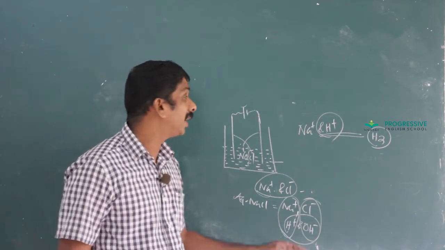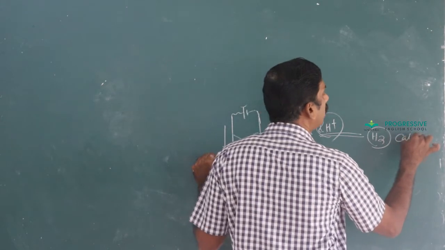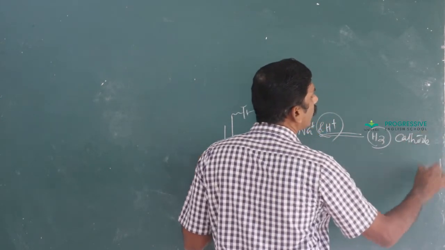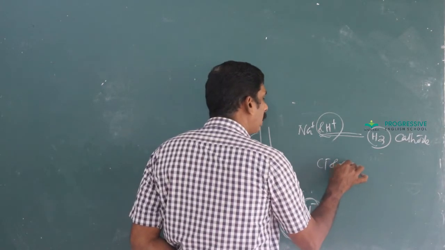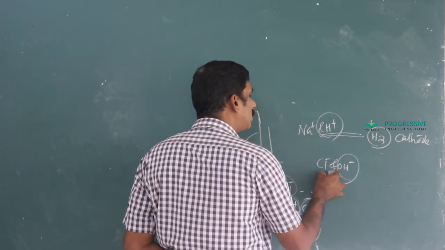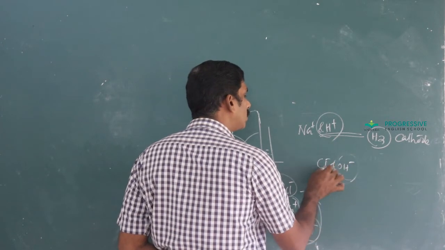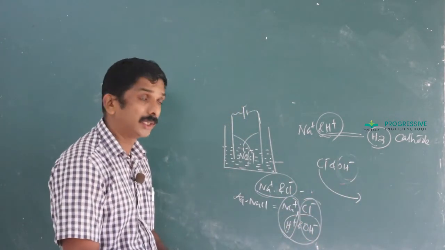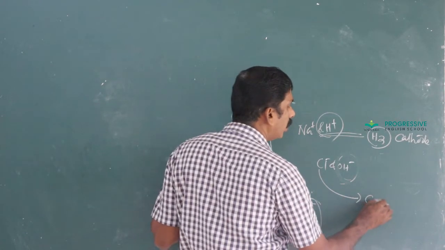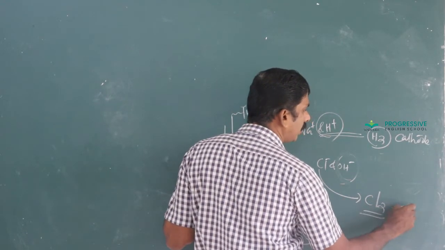Out of Cl- and OH-, the discharge potential is less for chloride ion, or it easily undergoes oxidation, and at the anode chlorine gas is liberated.